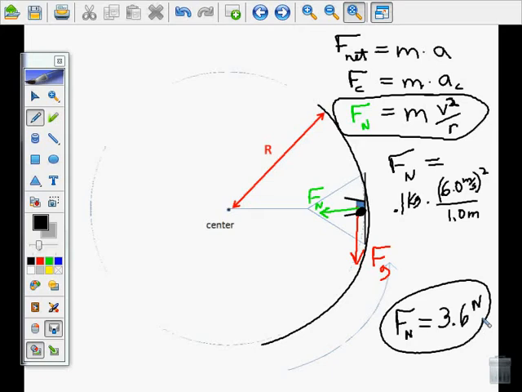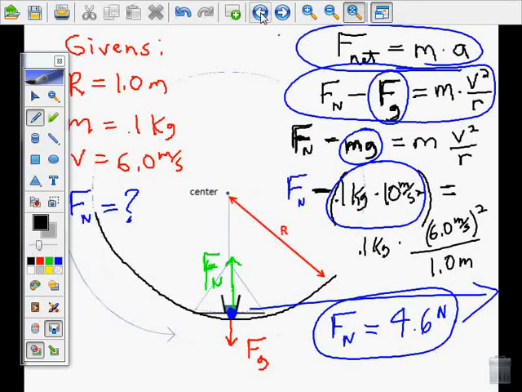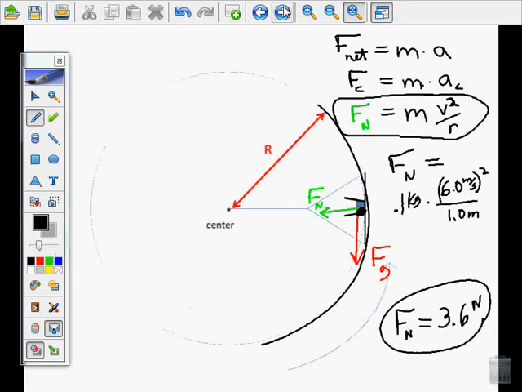Notice what happened to that normal force compared to the bottom point. Let's take a look back. At that bottom point, the platform had to push up on the bottom of the glass with a force of 4.6 newtons. Now, at the side, the platform has to push in 3.6 newtons.